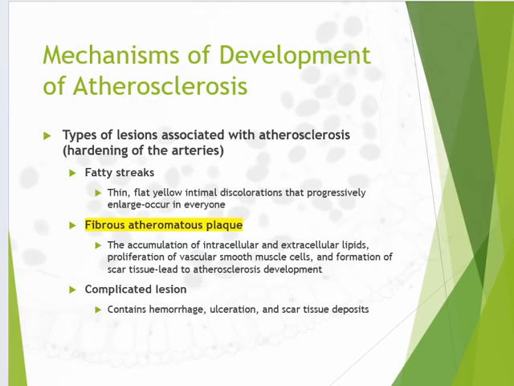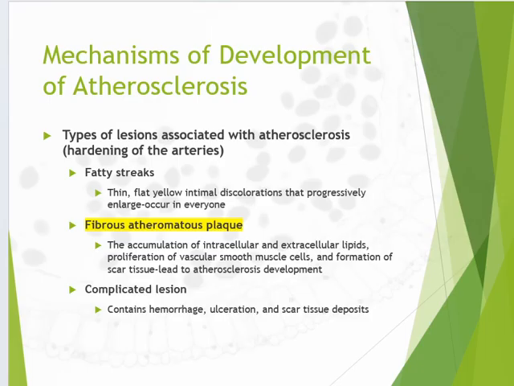that will. The big one here, the one that is described much more in depth in your book, with a nice description with pictures that shows this whole cascade of how this type of plaque causes atherosclerosis, are the fibrous atheromatous plaques.